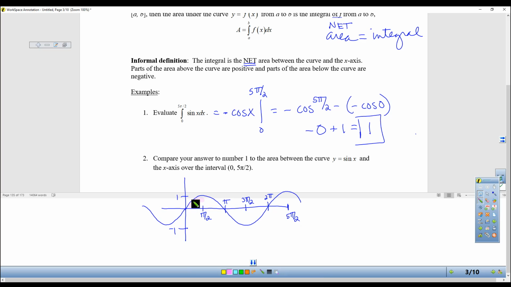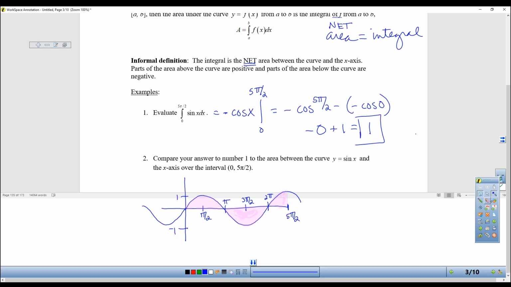So I want this area and this area and then this area. So think about that for a minute. Compare my answer to the area between the curve and the x-axis. So area means integral.